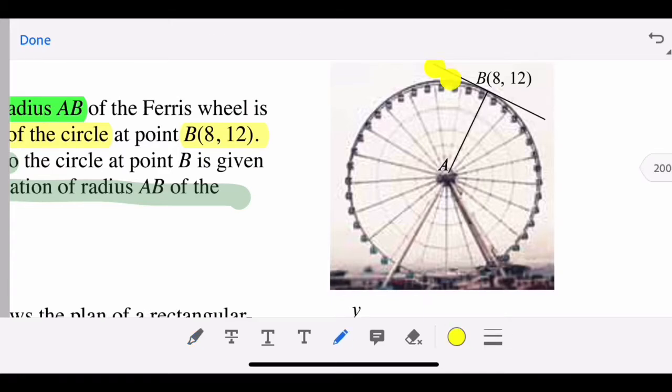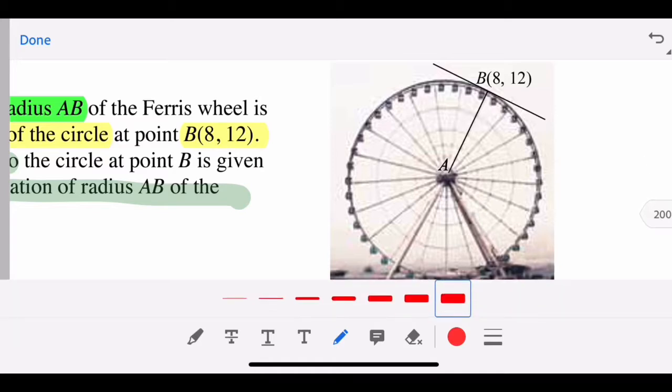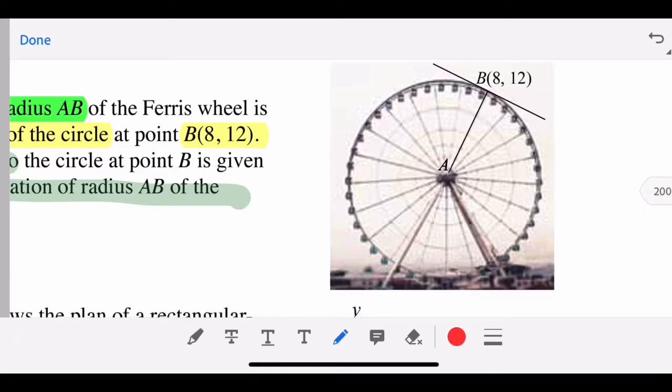So that means the line passes through point B. The yellow line is called the tangent to the circle, and B is the contact point that meets the radius. The radius now is in red color. Tangent and radius are always perpendicular, meaning they make a right angle, or 90 degrees.